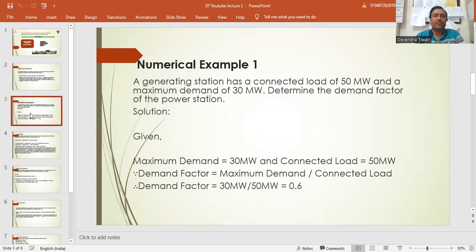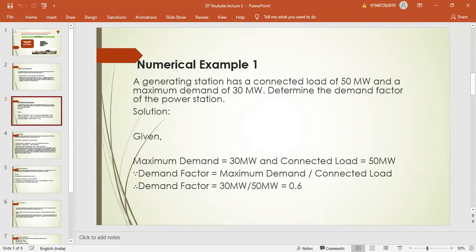There is a simple example regarding this demand factor. A generating station has a connected load of 50 megawatt and a maximum demand of 30 megawatt. We have to determine the demand factor of the power station.